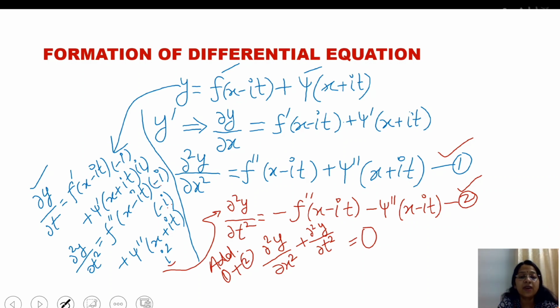So in this way we have formed a differential equation of second order, or rather a partial differential equation of second order.